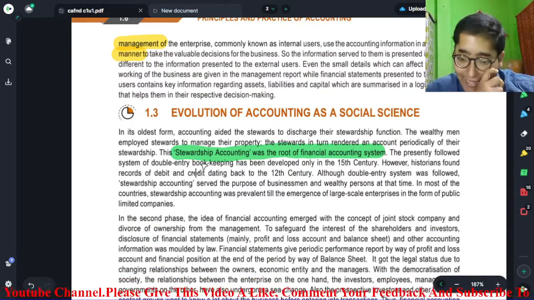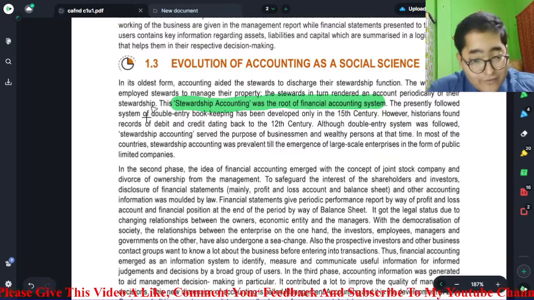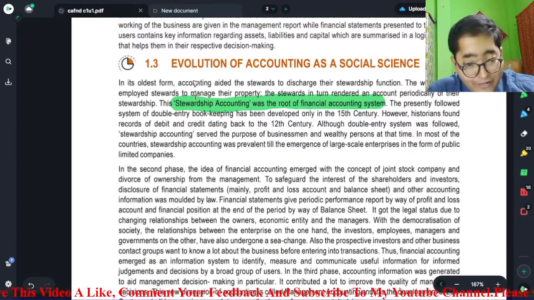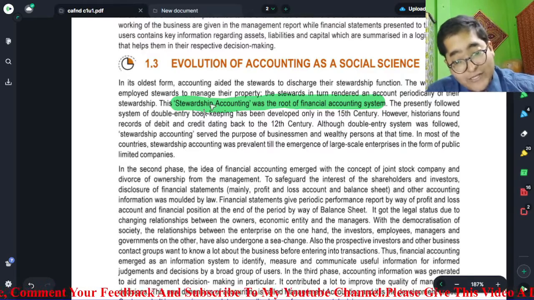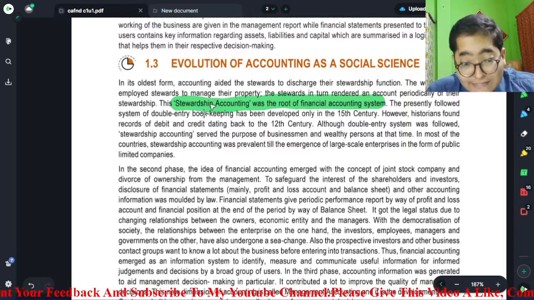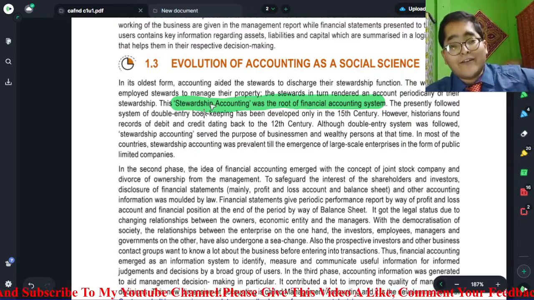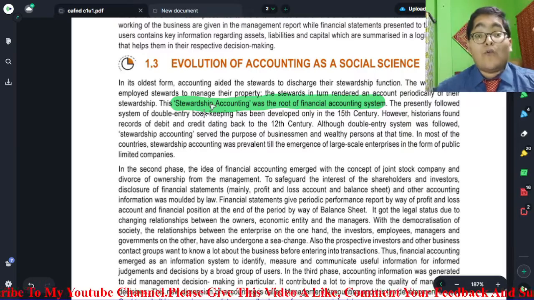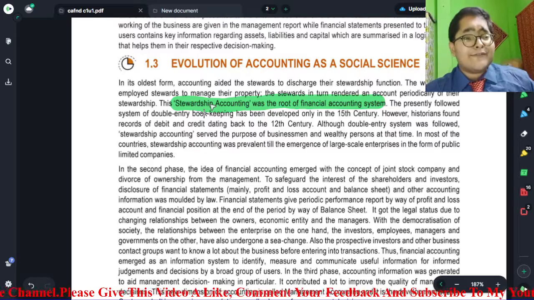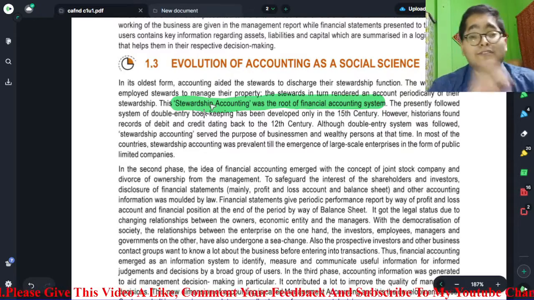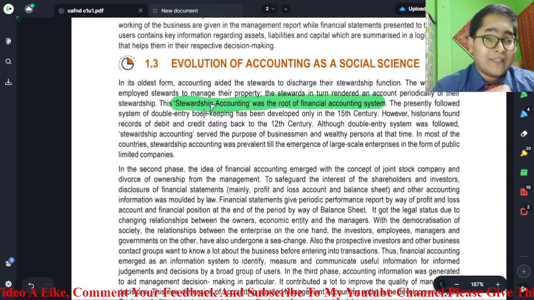Evolution of accounting as a social science. So this is the important point. The stewardship accounting was the root of the financial accounting system. What is stewardship accounting? 50 to 100 years back, a rich or wealthy businessman used to keep a person who wrote down all the incomes and all the expenses of the wealthy person.